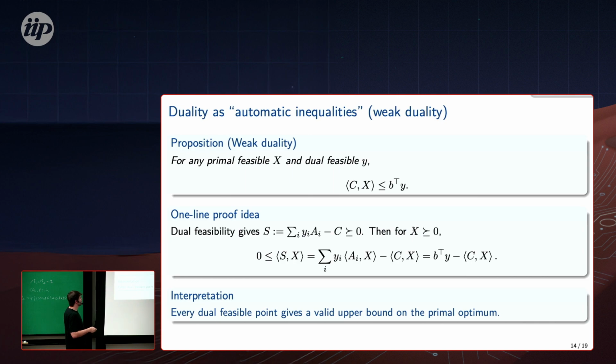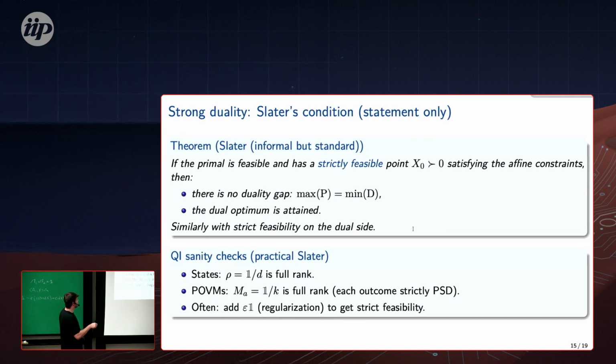So essentially it's saying that the value of the primal problem is the same as the value of the dual problem. So if you can solve one or the other, and this condition is satisfied, then you're good. And once you're given this, you also have that the dual optimum is attained somewhere.